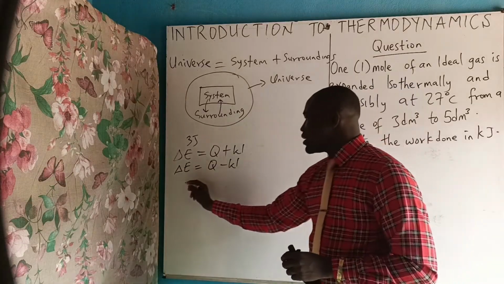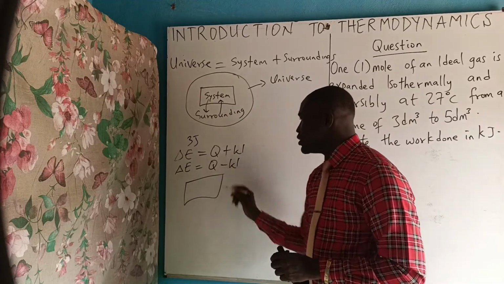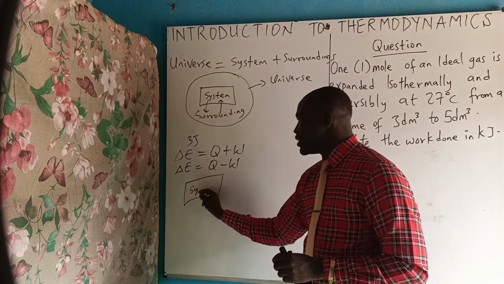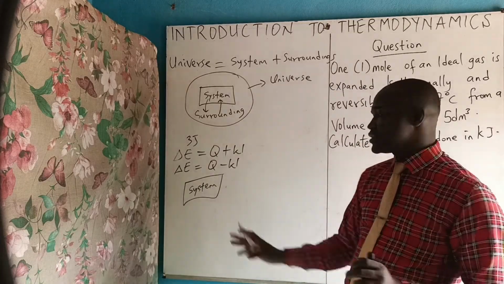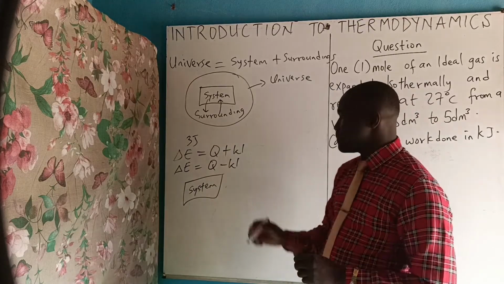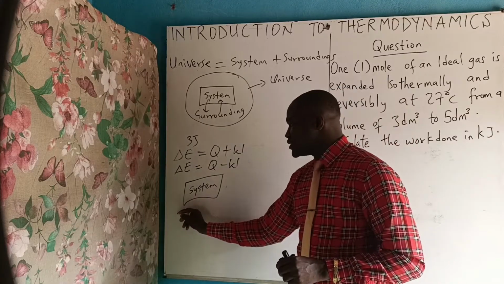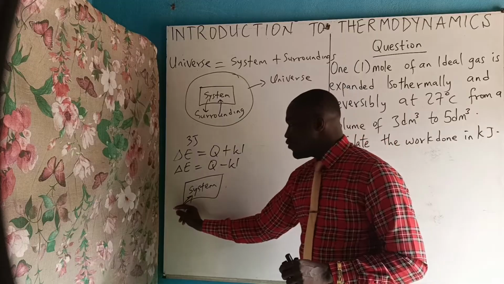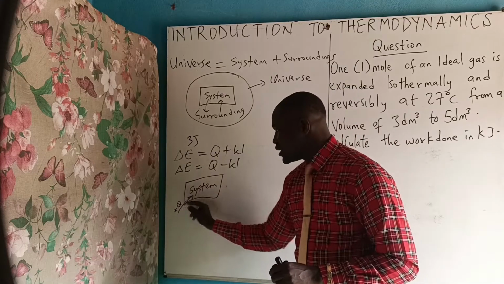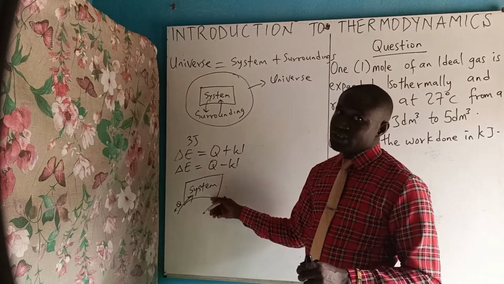Assuming that the writer is discussing what happened on the system, he will be seeing a lot of formulas concerning the system. Yes, heat energy can flow into this system. And when it flows into this system, the system will gain energy because it's discussing what happened to the system.